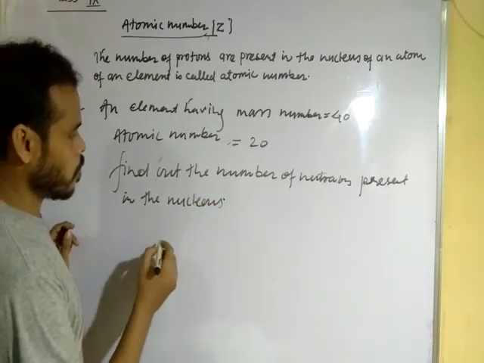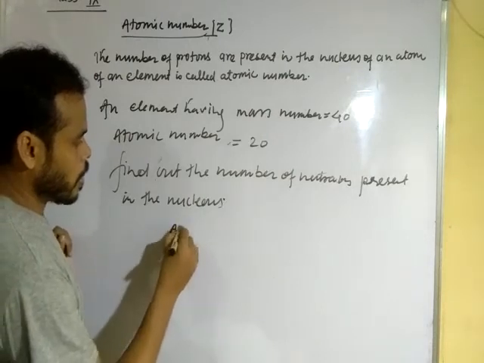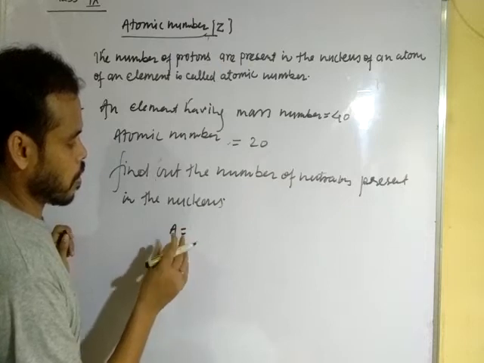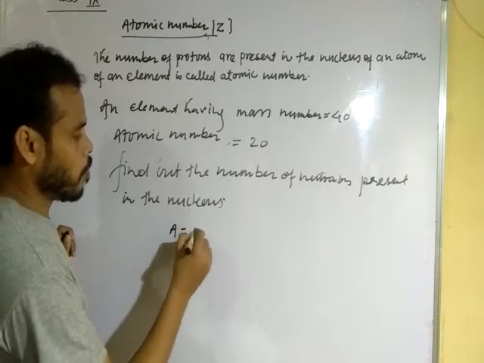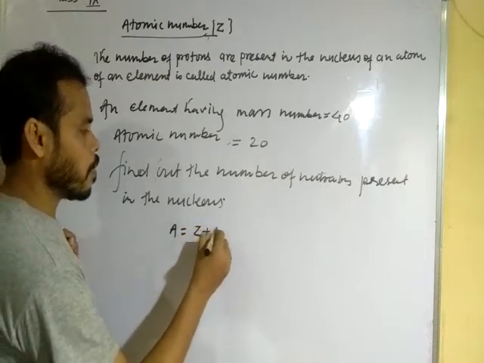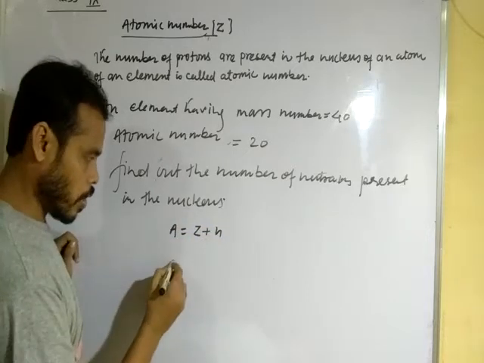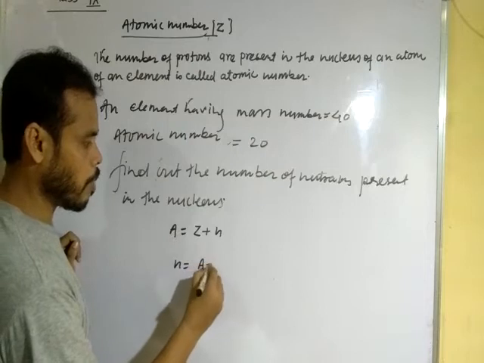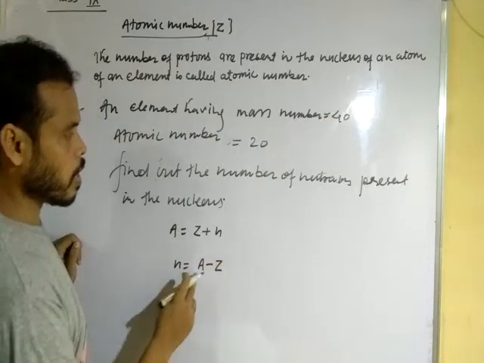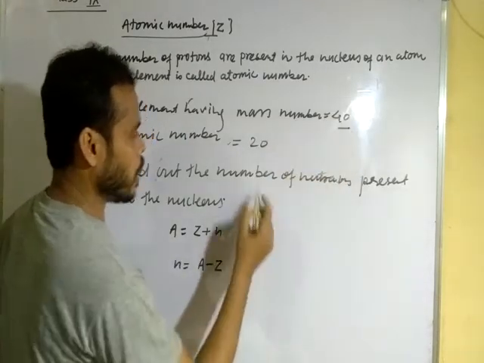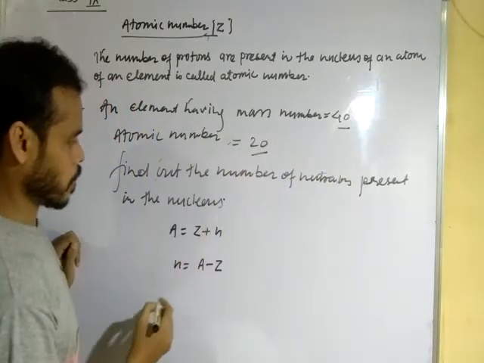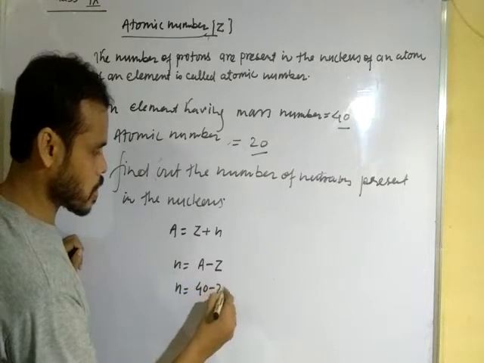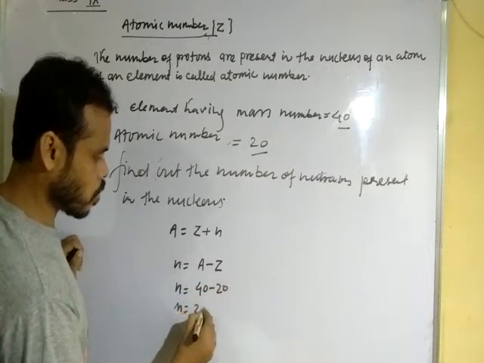So we know that A is equal to number of protons plus number of neutrons, and also that N, the number of neutrons, is equal to A minus Z. Here A is equal to 40 and Z is equal to 20. So N is equal to 40 minus 20, so N is equal to 20.